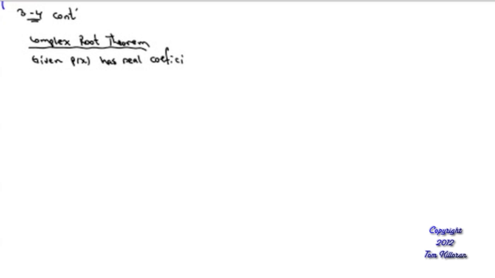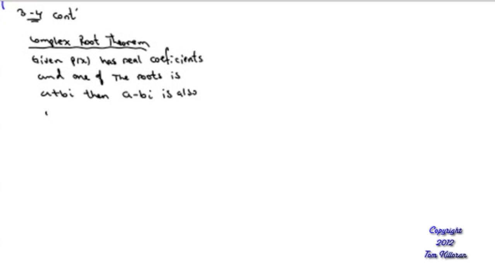So, complex root theorem. Just to elaborate on it again. Given p of x has real coefficients and one of the roots is a plus bi, then a minus bi is also a root.